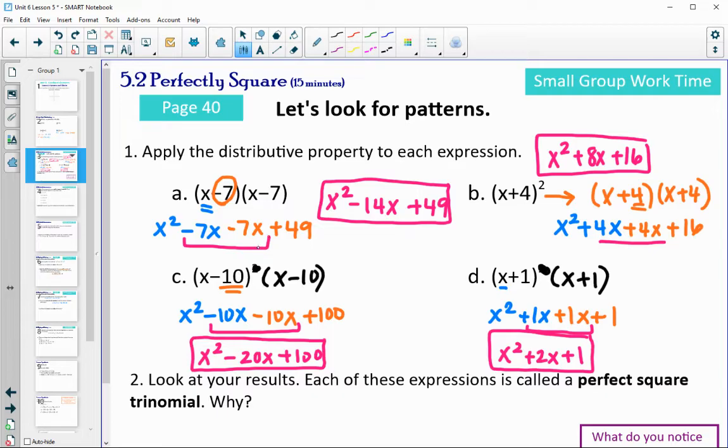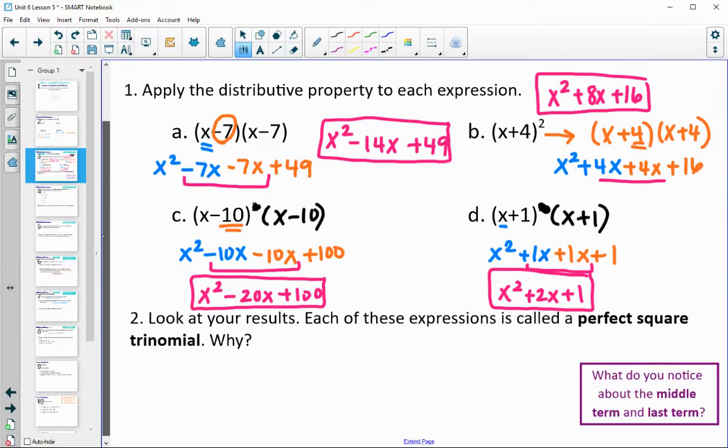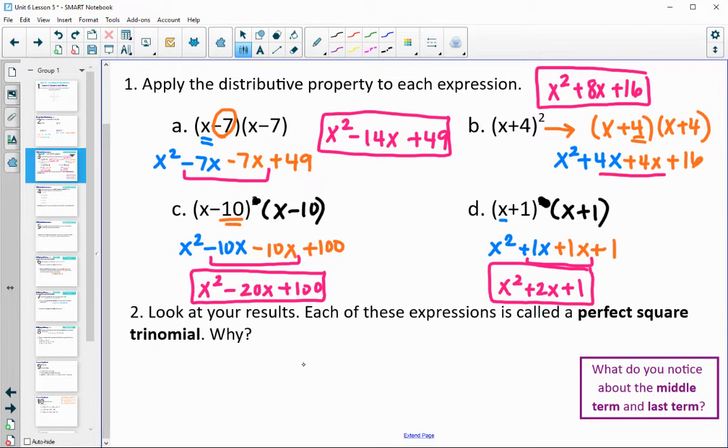So look at the results here, okay? Each of those expressions is called a perfect square trinomial. Why do you think it's called a perfect square trinomial? Perfect square, I mean, it came from squaring something. It came from multiplying a binomial times itself, a term times itself. So it's the exact same factor multiplied.